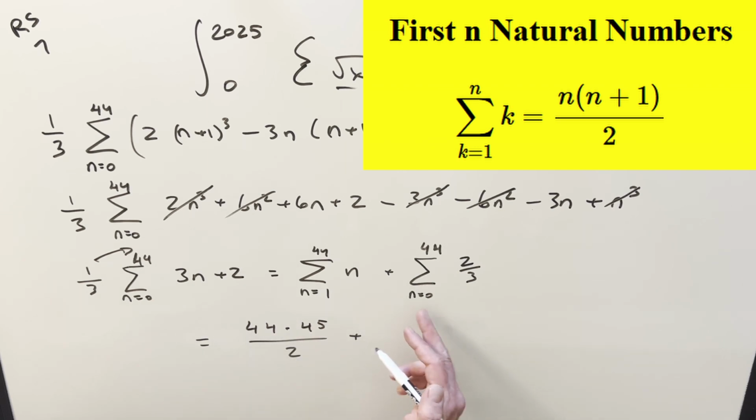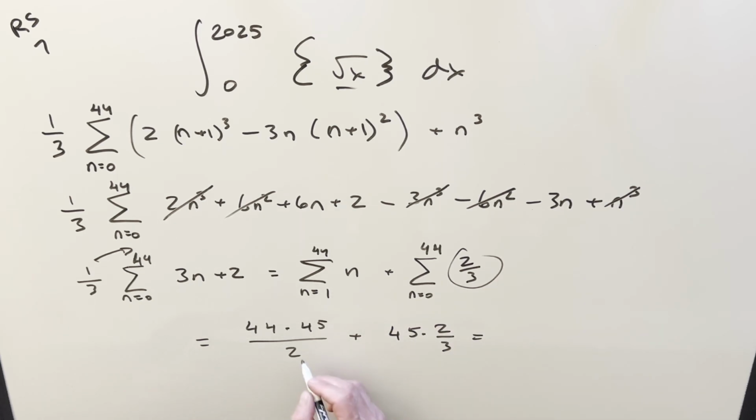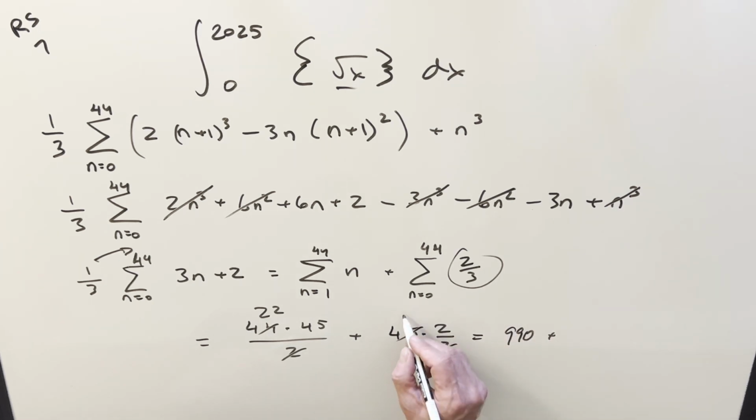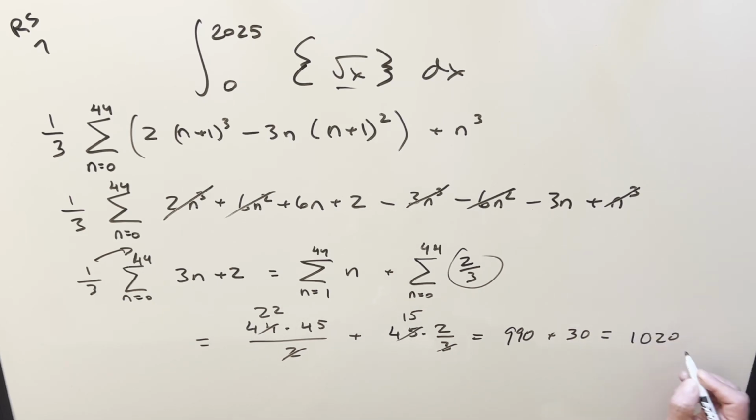And this other one is just a constant, so it's just the number of terms, 45 times 2/3. Simplify this: it's going to cancel and give 22. Thinking of it as 2 times 11 times 45, 90 times 11, 990, plus here, cancel this and get 15 plus 30. And for my final solution on this, we get just 1020, and that's it.